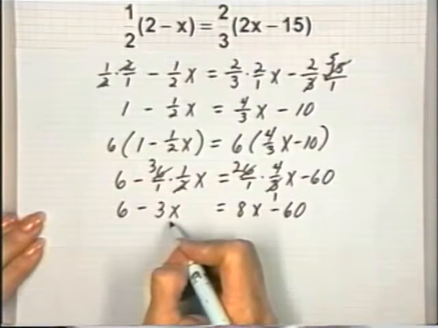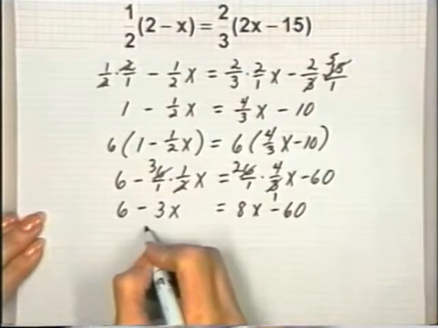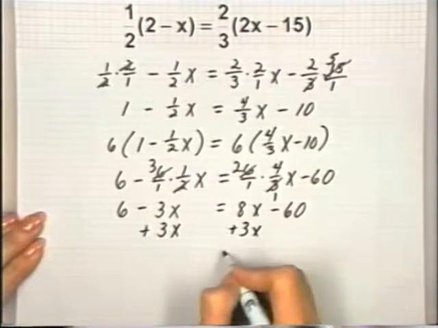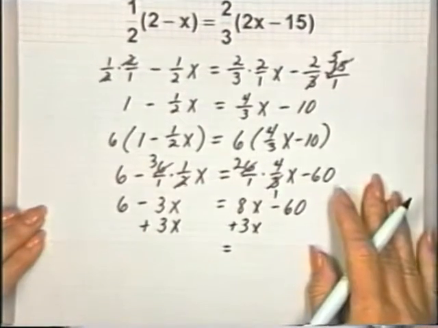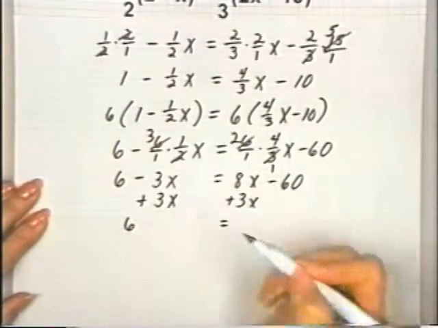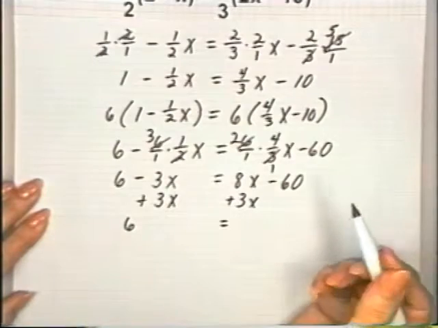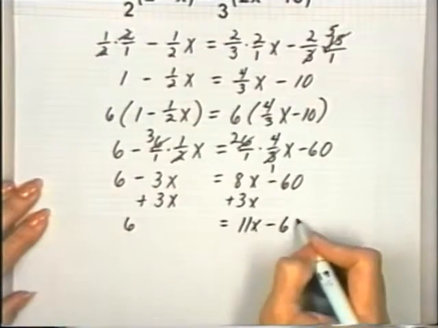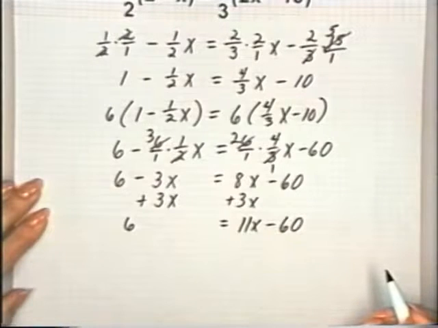The 3x has been subtracted from the left side of the equation, so I will add 3x to both sides of the equation. The result is 6 minus 3x plus 3x is 0x. 8x plus 3x is 11x. Subtract 60.